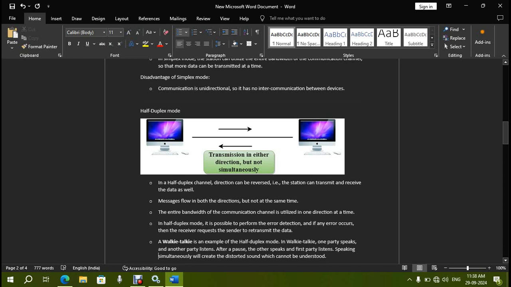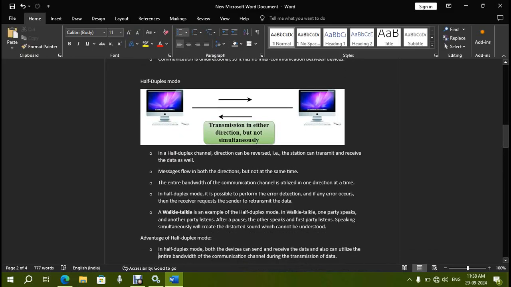One example of half duplex is the walkie-talkie. In a walkie-talkie, one party speaks and the other party only listens. After a pause, or after the conversation is over, the other party speaks. Speaking simultaneously will create distorted sound which cannot be understood.